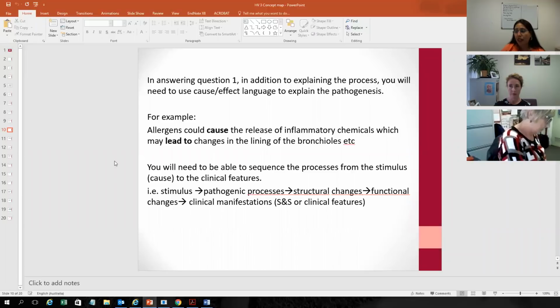For example, allergens could cause the release of inflammatory chemicals, which may lead to changes. But you need to vary the use of cause-effect language. Otherwise, when you read your assignment, you find that you constantly use the words cause, results in, leads to. Causes, leads to. So we don't want that to happen. So vary your choice of words.